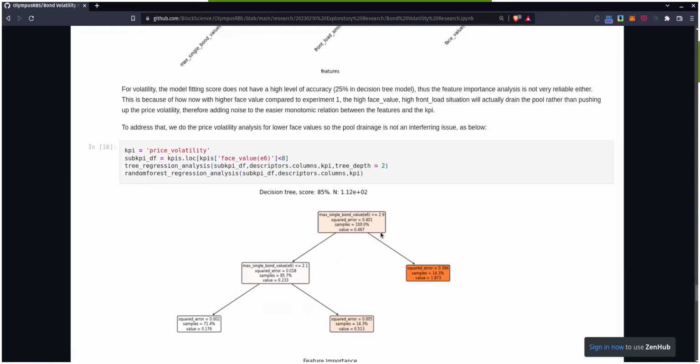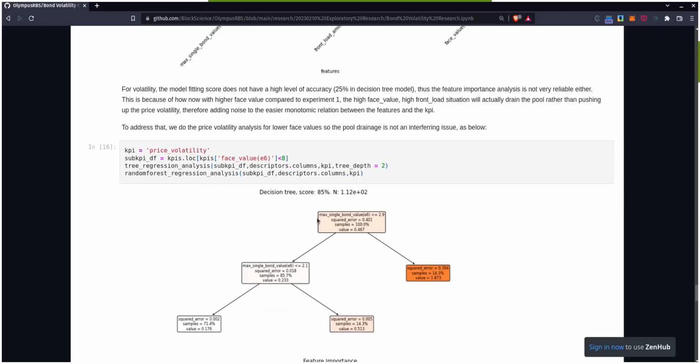So looking at this decision tree analysis for price volatility, here again we introduce this new way of seeing the bond parameters, this max single bond value, as one of the parameters feeding the machine learning algorithm.